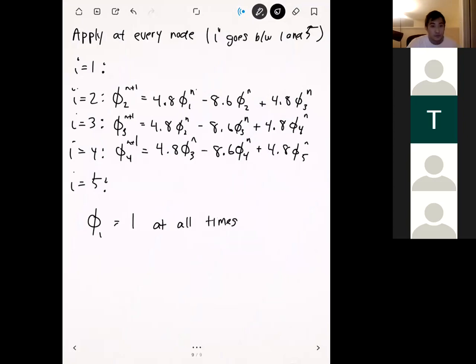So we can say that phi 1 at n plus 1 is going to be equal to 1. Because this Dirichlet boundary condition is valid at all times, it's also going to be valid at the next time. And that helps us out right there.